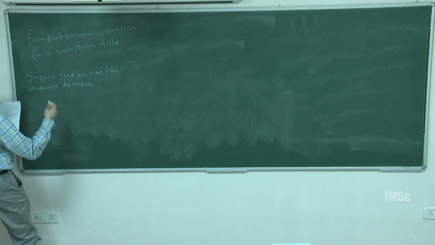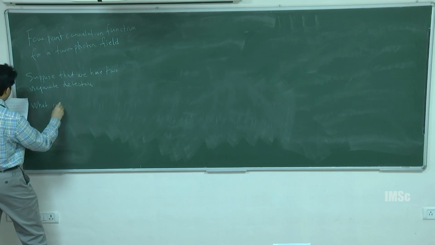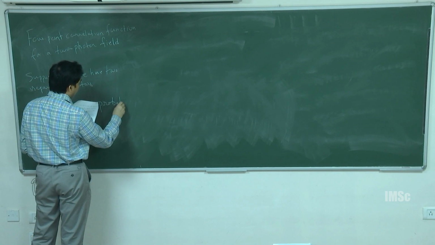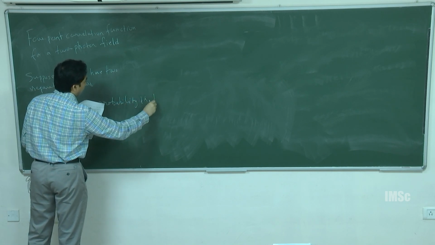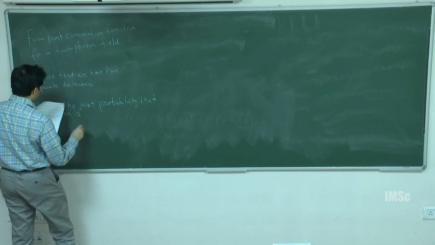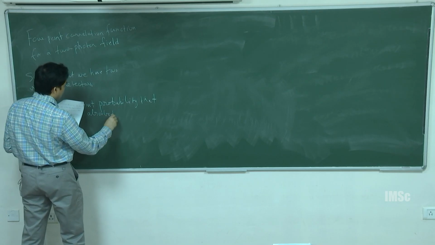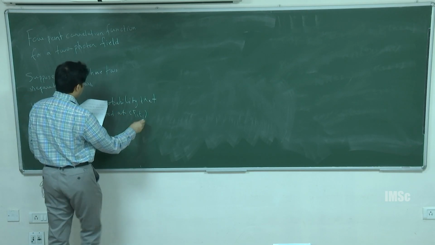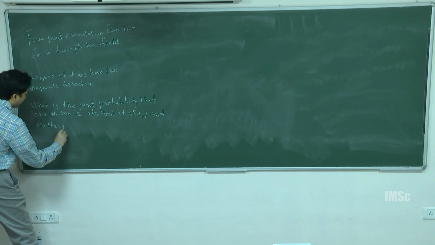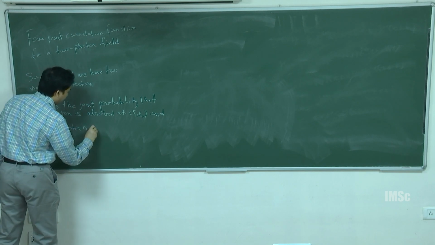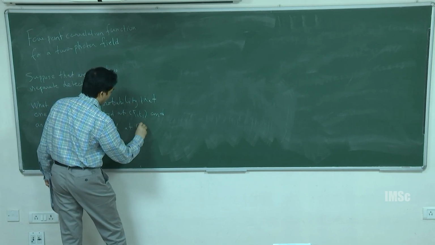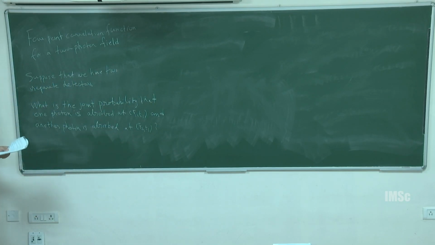So the question that we wish to answer is: one photon is observed at R1, D1, and the other at R2, D2.